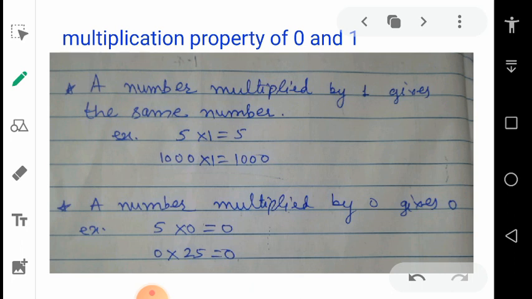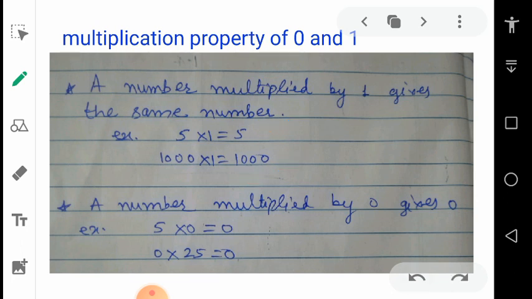Okay, now there are a few properties of multiplication regarding 0 and 1. As both numbers are very important in mathematics, they possess some important properties, like a number multiplied by 1 gives the same number. For example, 5 1s are 5 and 1000 1s are 1000.